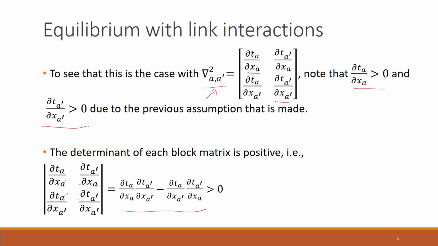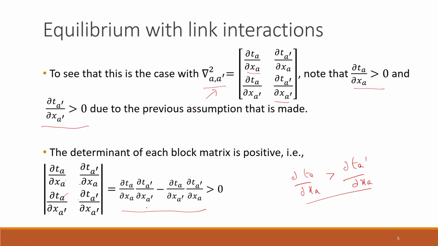Because previously we had made this assumption that this is greater than this. So, this is one thing that we know, and the same is also applicable for the link A dash.